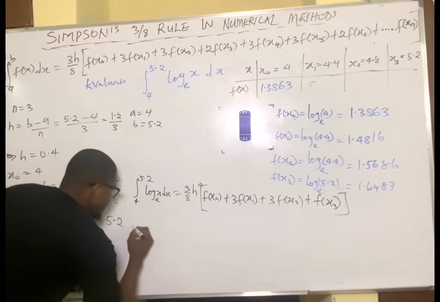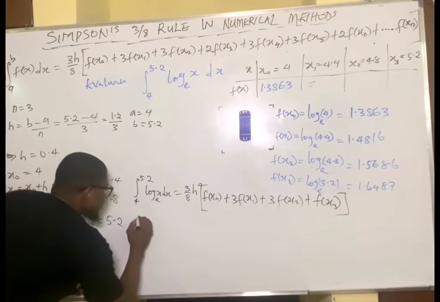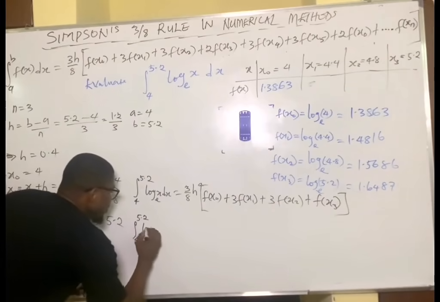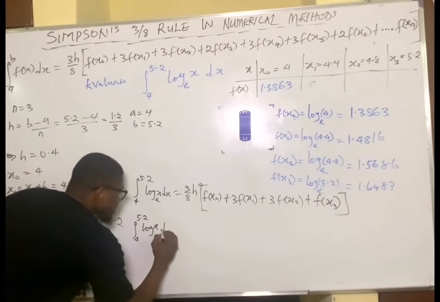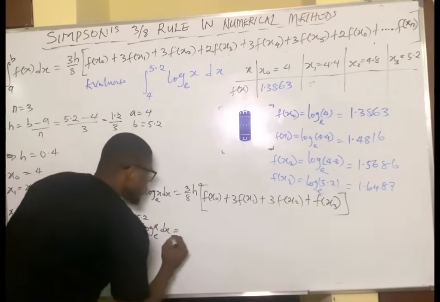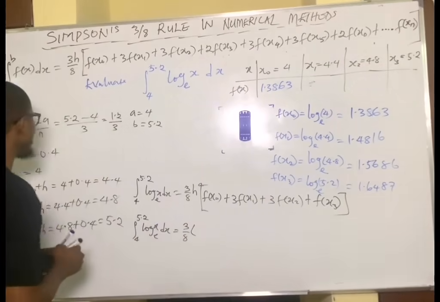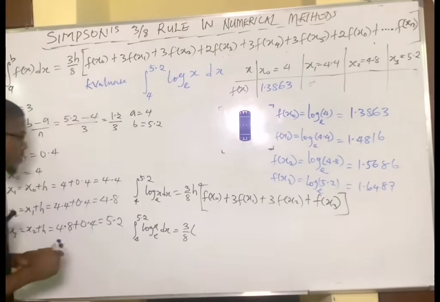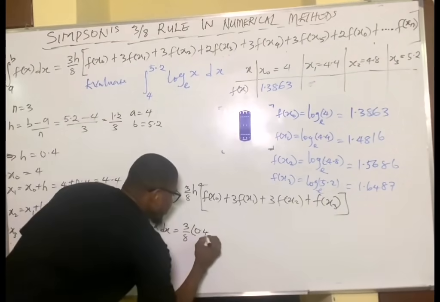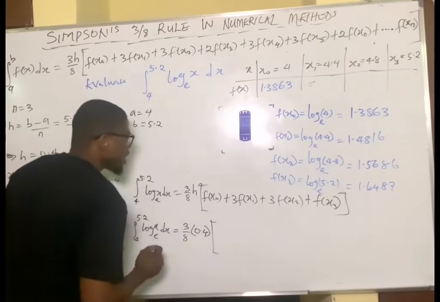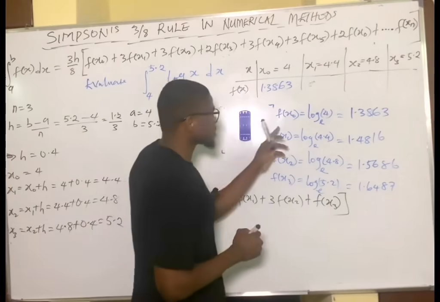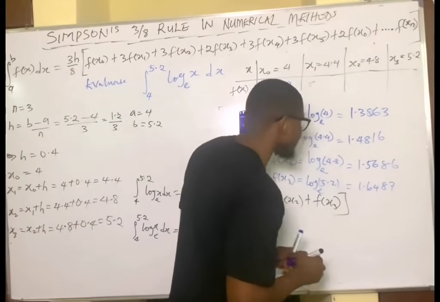You're going to have the integral from 4 to 5.2 of log x to base e dx. This is going to be equal to 3 over 8 multiplied by my interval h. We had the value as what? 0.4. So multiply 0.4 by f of x naught, which gave us 1.3863.